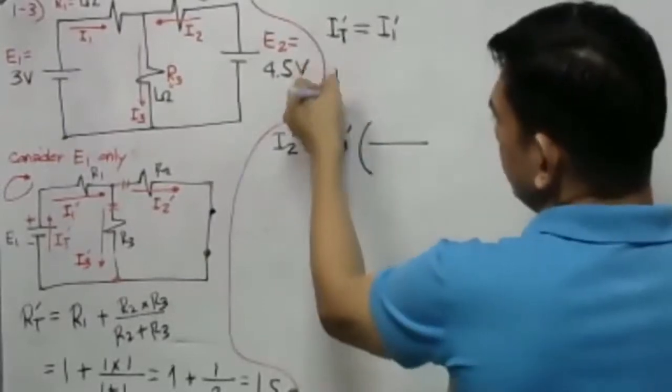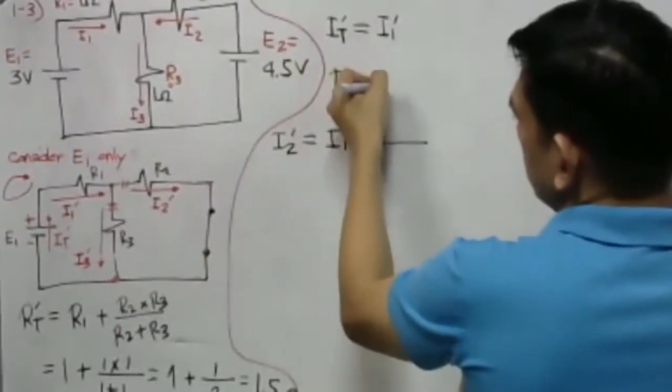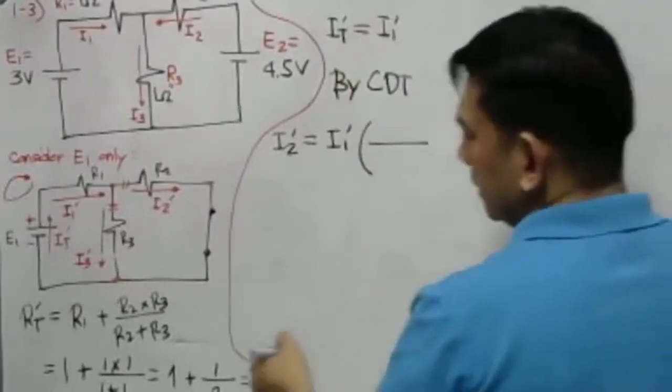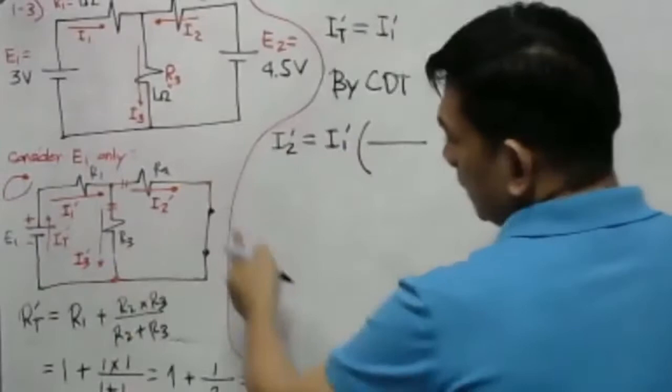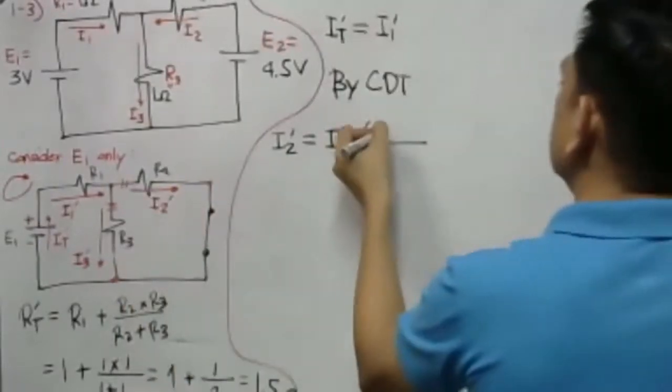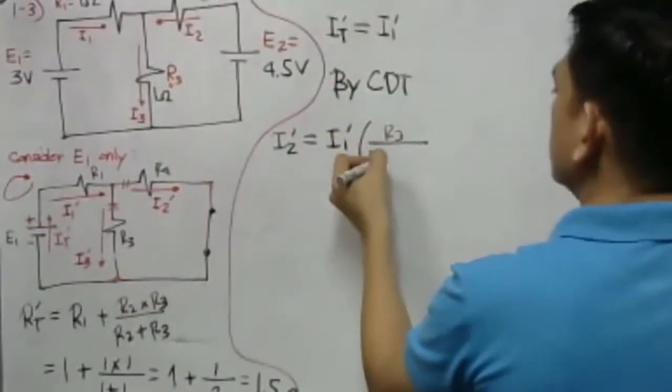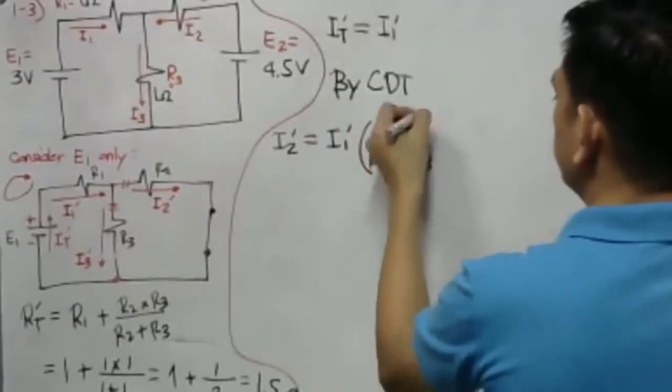This is by the current divider theorem. So we have our I sub 2, the opposite is R sub 3, so we have R sub 3 over R sub 2 plus R sub 3.